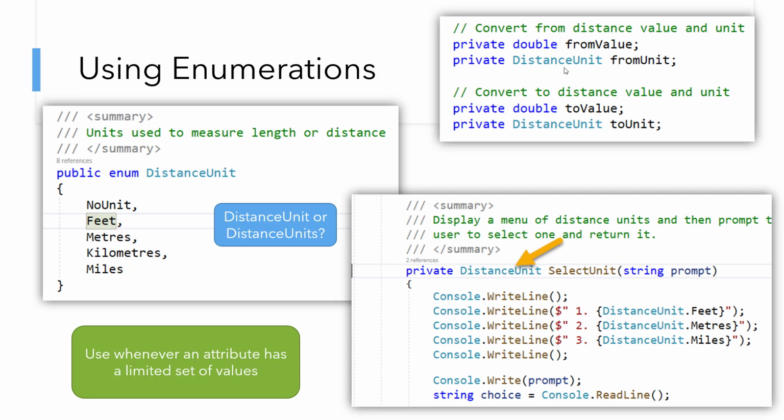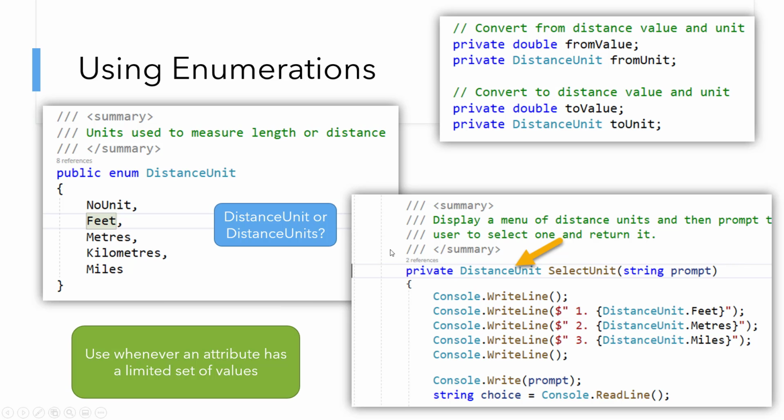So you use that by changing the from unit, which was a string, into distance unit or distance units. Sorry, there is controversy over whether it should be singular or plural. I'll allow you either. I think I'm favouring the plural now. So you'd have a to unit, which is a distance unit, a from unit is a distance unit, and then you can access them like this when you write out the choices.